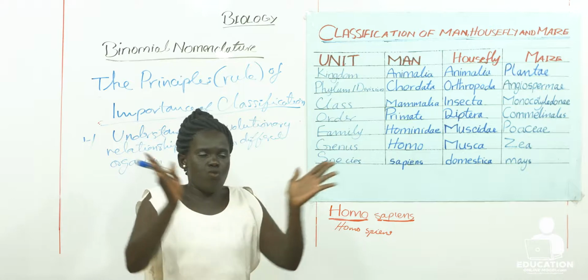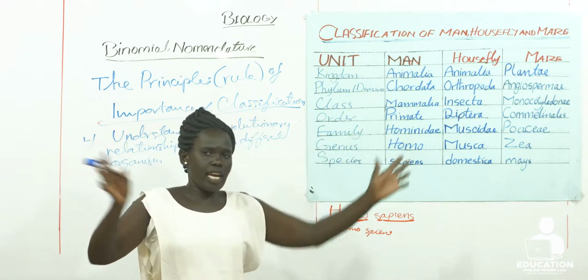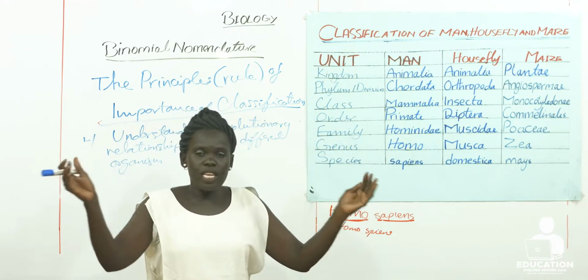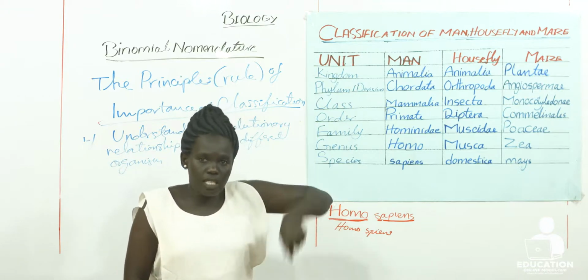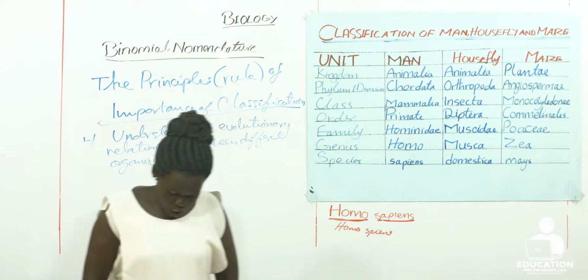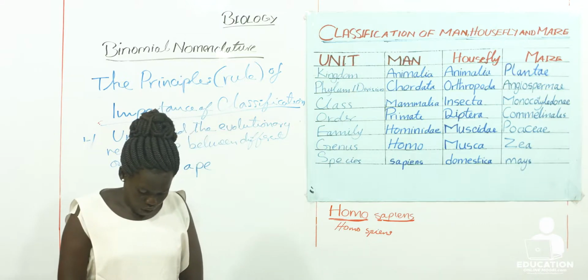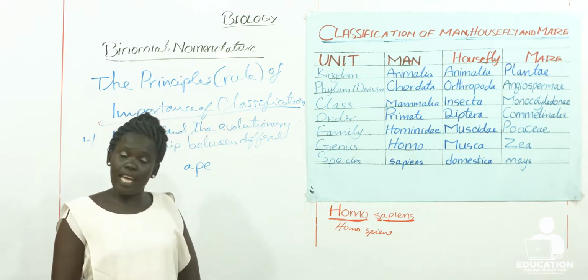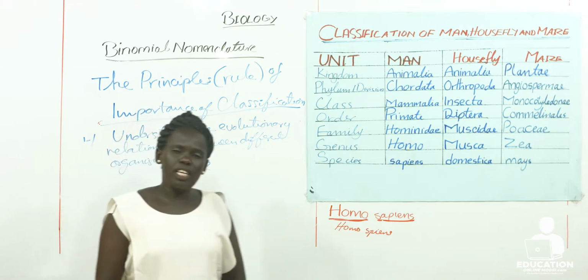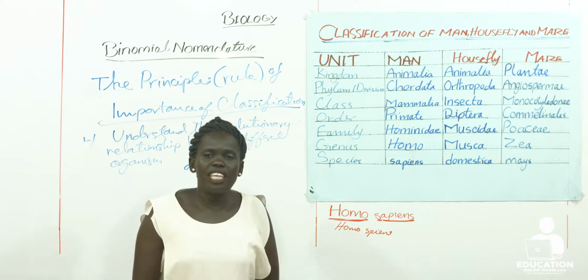Then we branched. Apes on that side, human beings on that side. But we have the same ancestor. So we originated from the same. So I think up to here we are done with binomial nomenclature and the importance of classification.